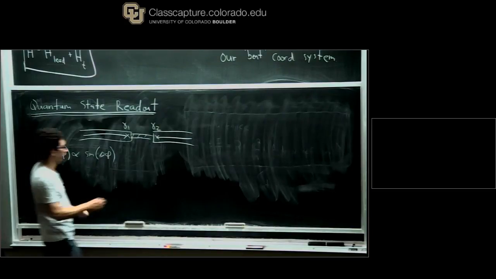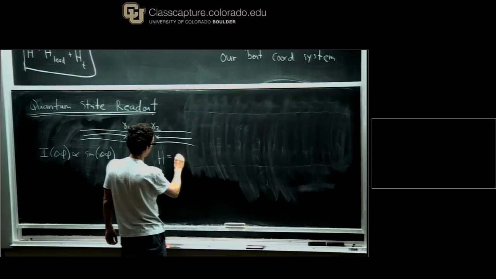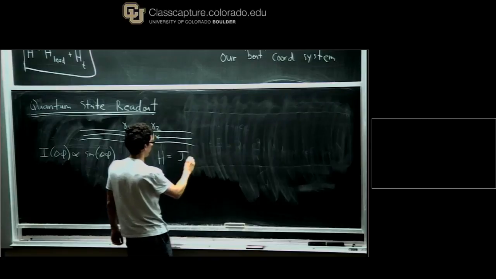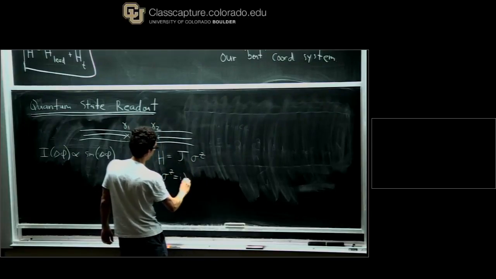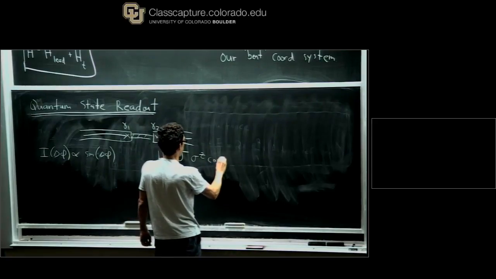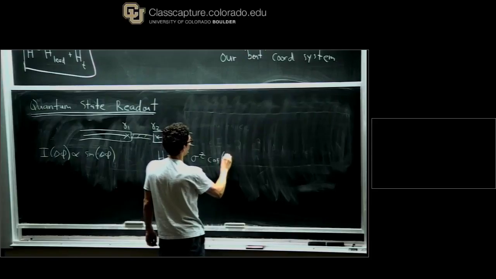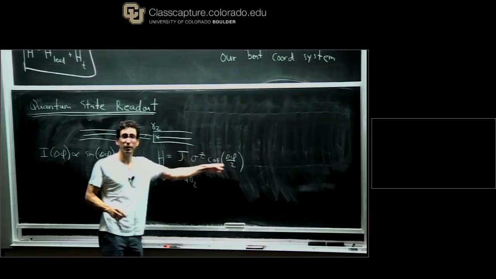Okay, so the Hamiltonian that describes that coupling is something like J, some energy scale J, times sigma z, where sigma z is the thing we want to read out, I gamma 1 gamma 2, times cosine of the phase difference divided by 2. Okay, so that factor of a half is crucial here.